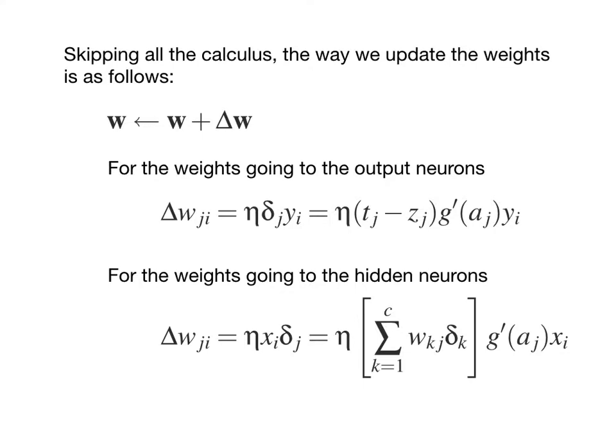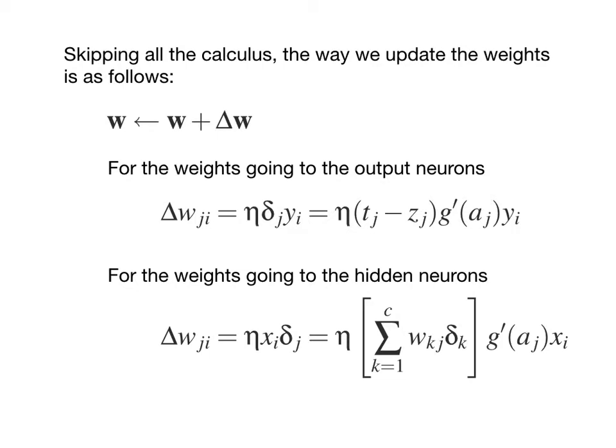Delta j is the sensitivity of neuron j. It measures how the overall error changes with respect to the neuron's net activation. And then we've got eta times the sensitivity times y_i, which is the output.